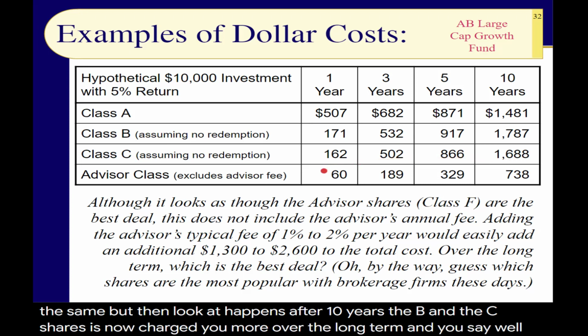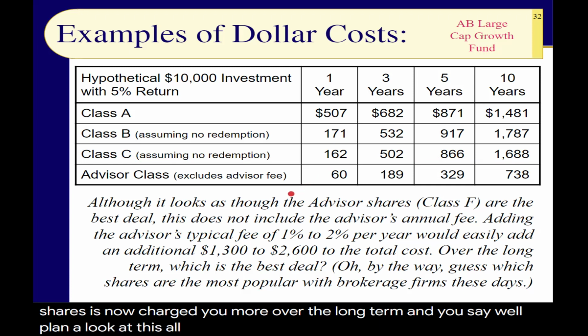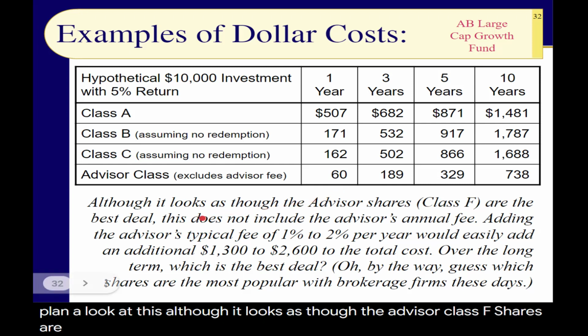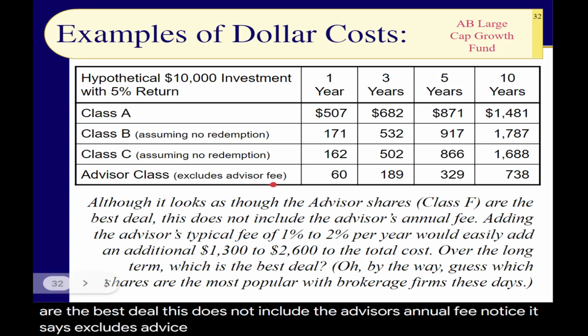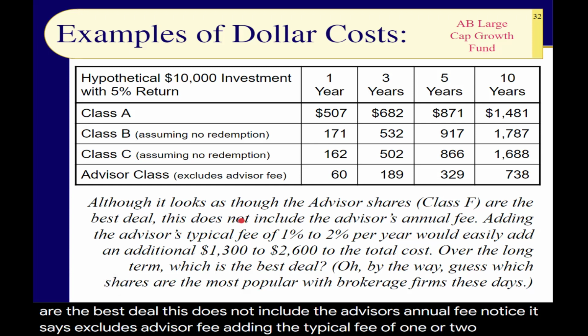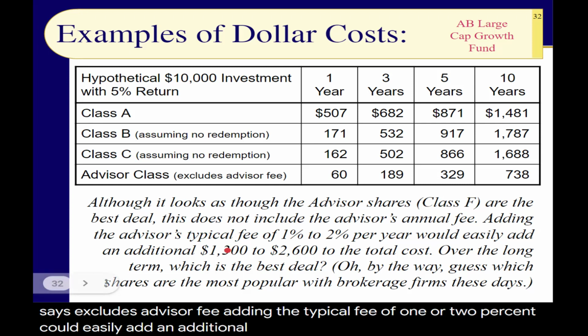And you say, well, Payano, look at this. Although it looks as though the advisor class F shares are the best deal, this does not include the advisor's annual fee. Notice it says, excludes advisor fee. Adding the typical fee of 1 or 2% could easily add an additional $1,300 to $2,600 to the total cost.